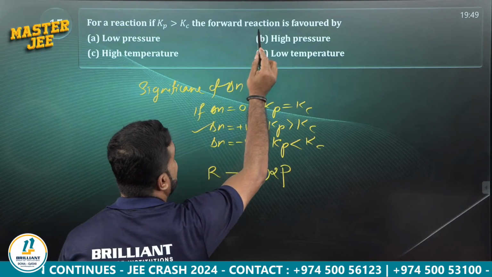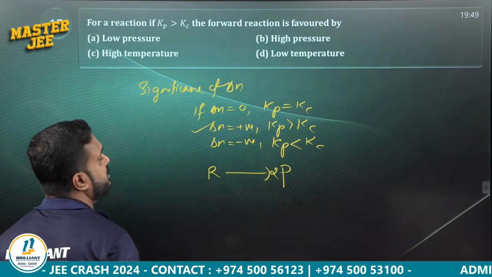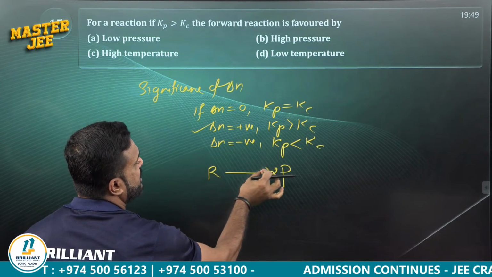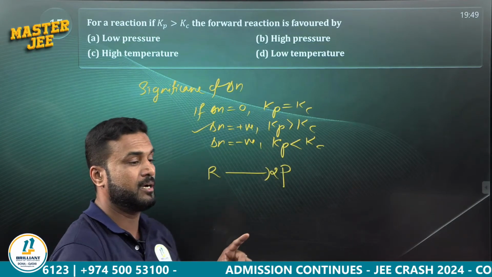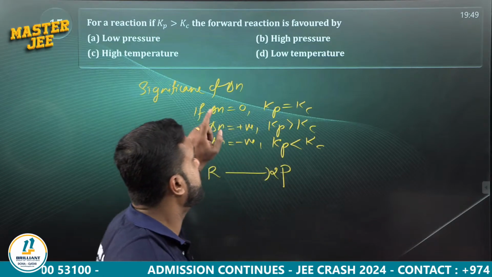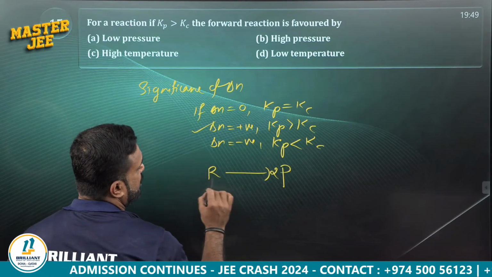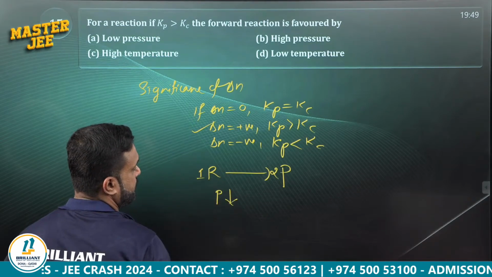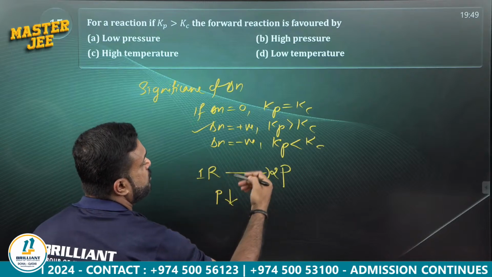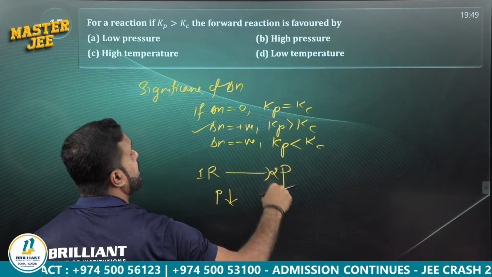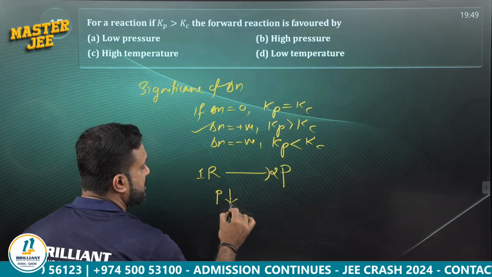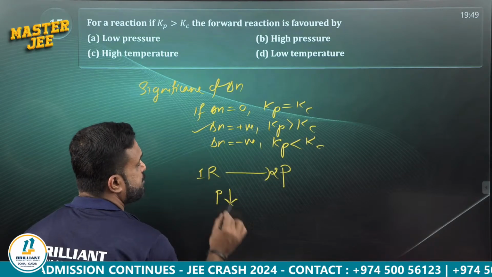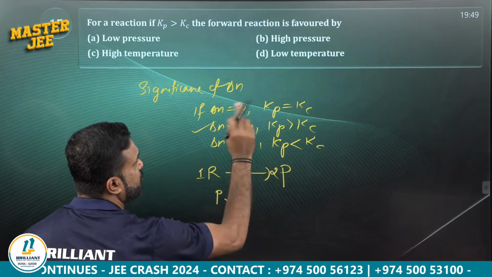Then they are asking what will favor an increase in the rate of the forward reaction: low pressure or high temperature. But temperature we cannot apply here because they did not give the idea about exothermic or endothermic. With pressure we can easily say. When pressure decreases, the reaction will have a tendency to proceed in the direction where the number of moles increases, because pressure and number of moles are directly proportional for a gaseous reaction.